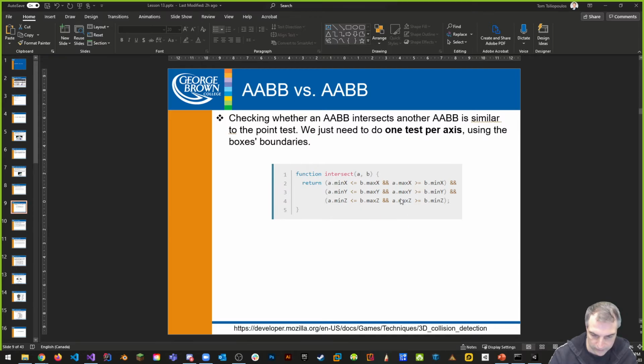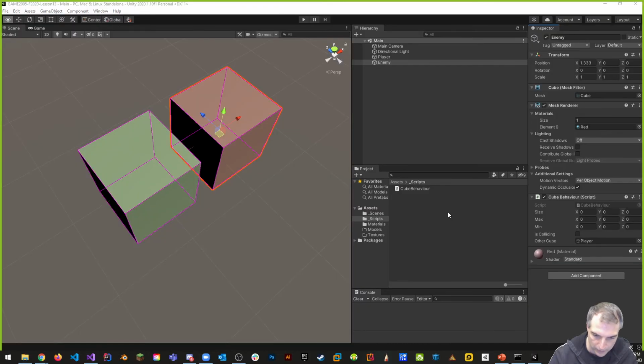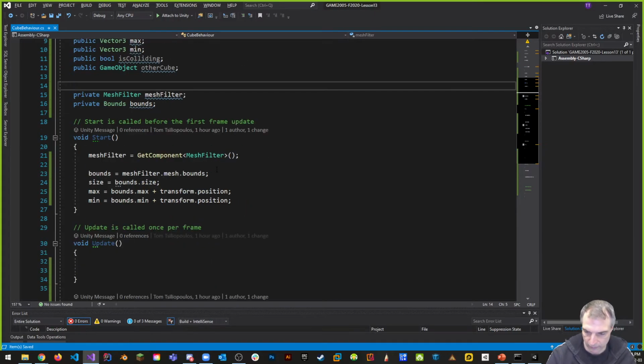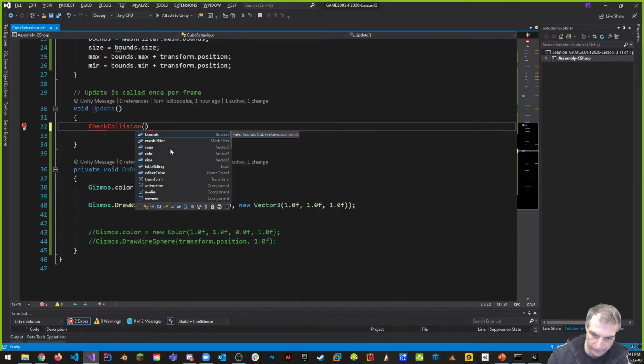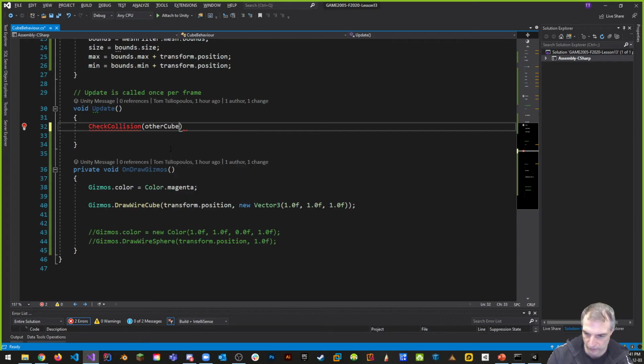So I want to use this: A min is less than B max, and A max is greater than or equal to B min in x, and so on. So I want to do something down in here. I want to make a new something in Update where, when I'm running, I want to check collision between myself and other. We'll call it check collision between myself and the other object, other cube.